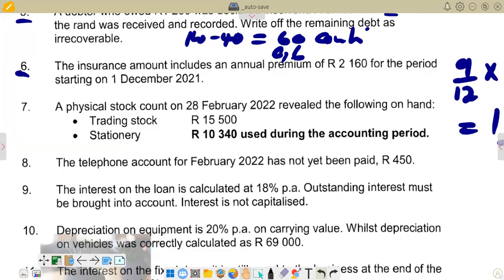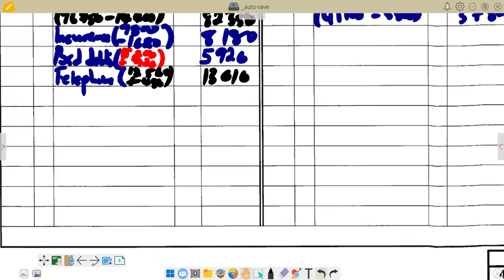So basically what we are saying there is stationery 10,340.